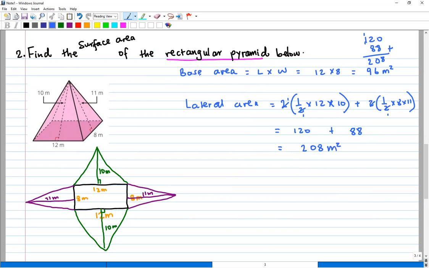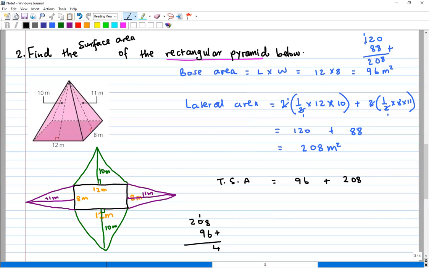Okay, now let's get the total surface area. We know that it is the base area, which is 96, plus the lateral area, which is 208. So let's have 208, we add 96. 8 and 6 will make 14.